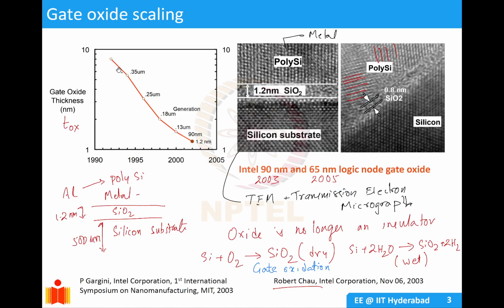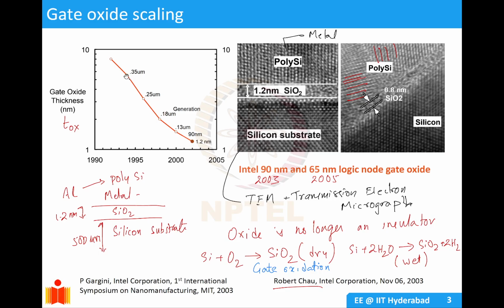So this is the scaling down of this gate oxide, which in most of our electronics is mostly SiO2, and how it has scaled down over the few years.